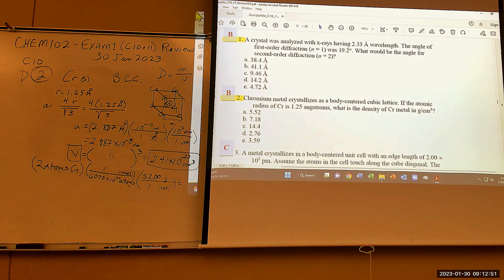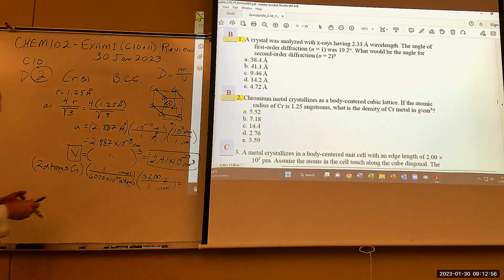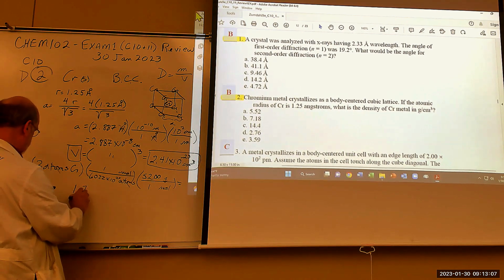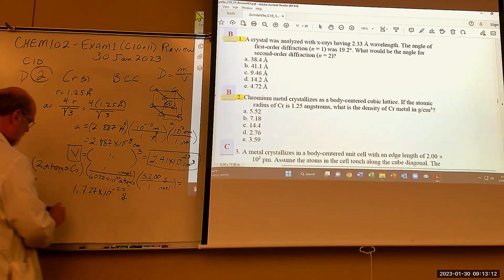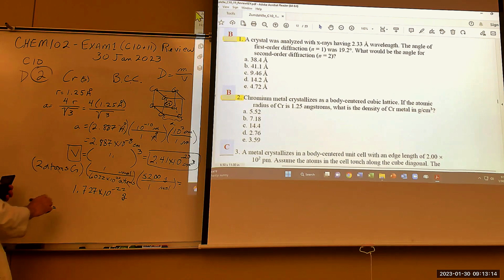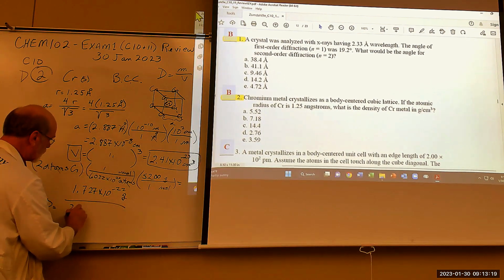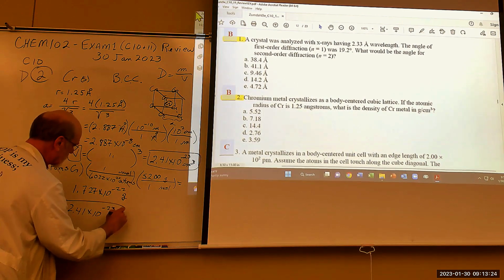All right, so now we're going to find the mass of chromium in that unit cell. Okay, I get 1.727 times 10 to the minus 22 grams. So the density is going to be that many grams divided by 2.41 times 10 to the minus 23 cubic centimeters.